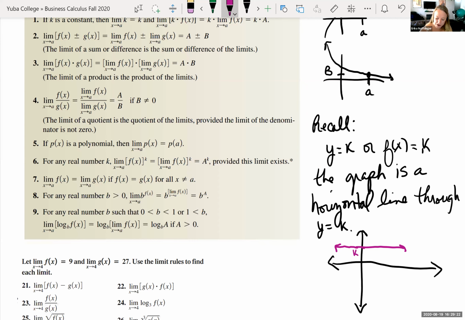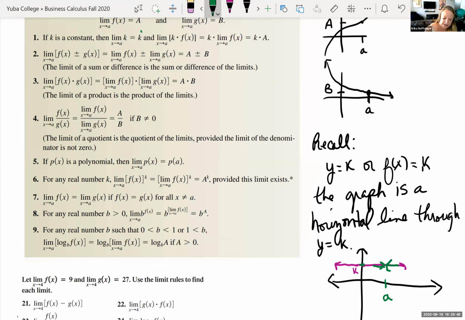So if you chose some value of a here, right, it wouldn't actually even matter where you were on this graph. But if you chose some x value of a, what is the y value you're going to get as you're approaching x equals a on the left and x equals a on the right? That y value is k. So that's what this piece is saying.